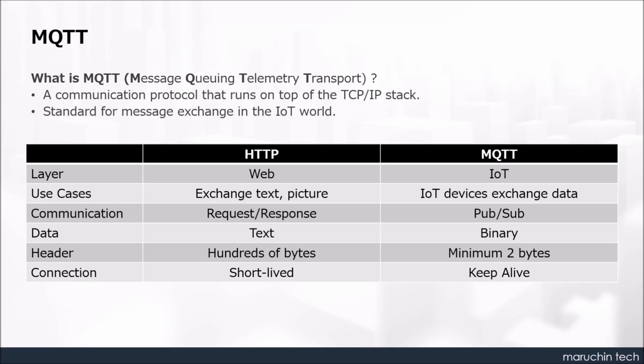IoT devices operate in environments like a car or factories where network connections aren't always stable. If we used HTTP, the long header information, like destination and source details, would create high communication costs and frequent errors. Therefore, we need a lightweight communication model that minimizes data overhead.